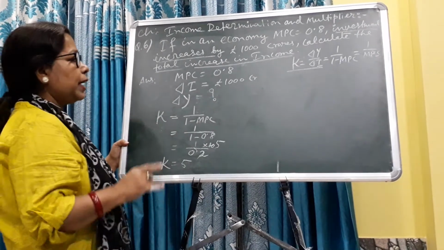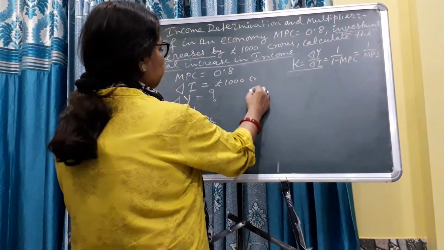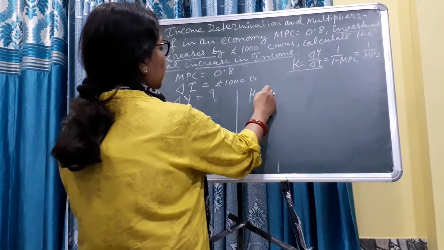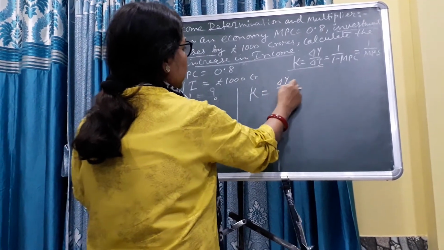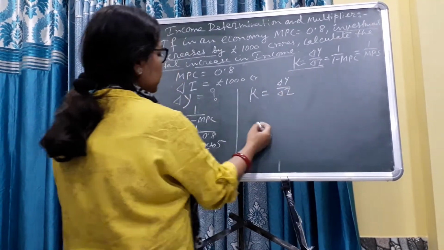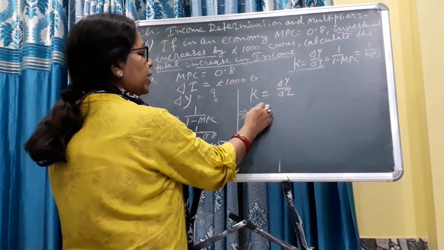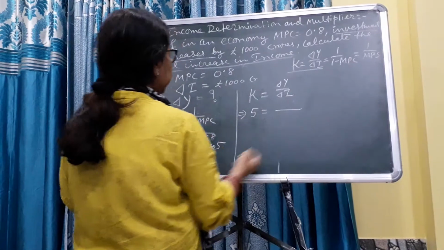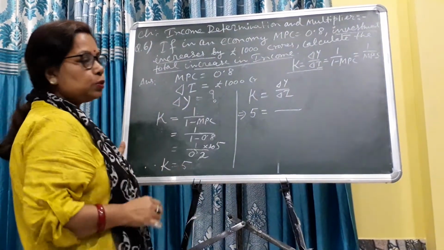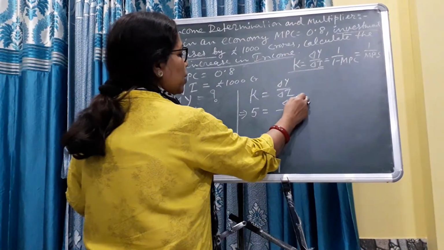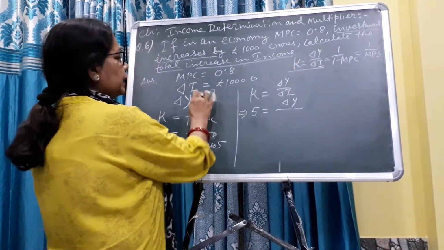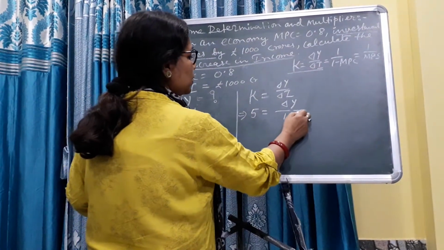Now you write the formula here. K equal delta Y by delta I. The value of K is 5 times, so write here 5 equal delta Y, which we do not know, by delta I, which is 1000 crores.